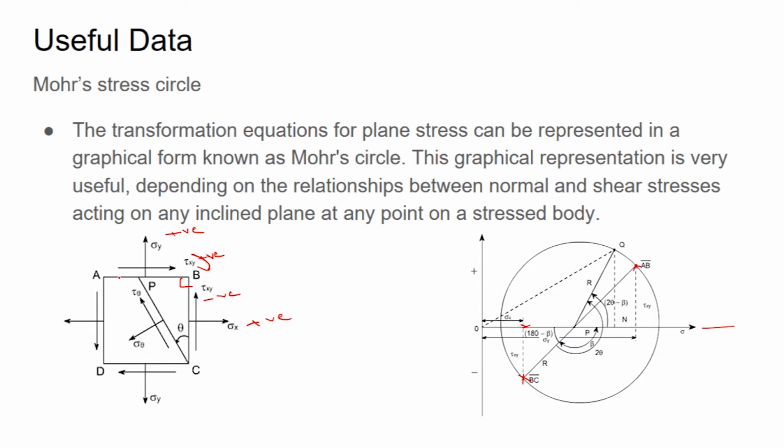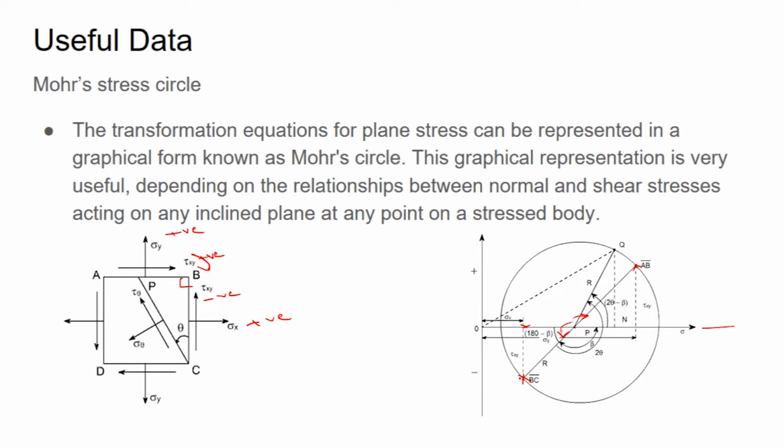Since the angle between these two planes is 90 degrees, the angle in the Mohr circle will be 180 degrees, which is just twice the angle. Suppose if it is 45 degrees, then it would have been 90 degrees in the Mohr circle. Later, joining these two points, we will draw a circle whose center will be on the normal stress axis, with the radius from this point to this point.